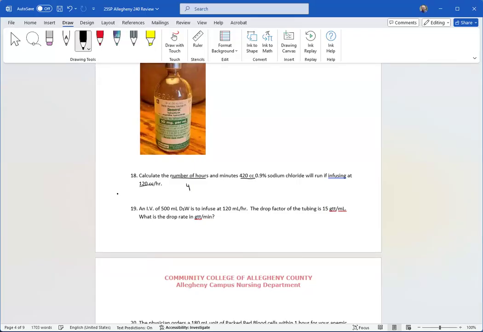So what you want to do is take your total, the 420 cc's, and you can do it using ordered over available. I'm just going to do it using dimensional analysis: 120 cc's per hour, and then 420 divided by 120. It tells me that it's going to be 3.5 hours. So that's how long it'll last.